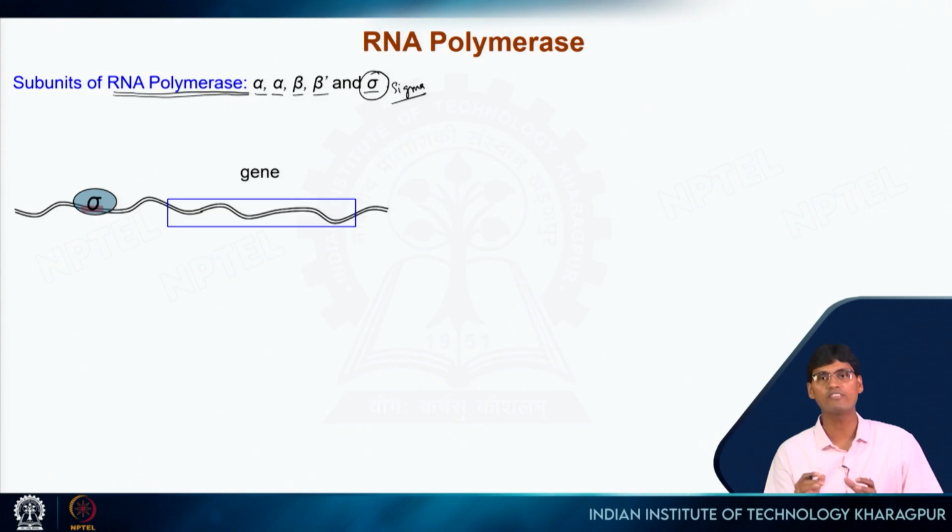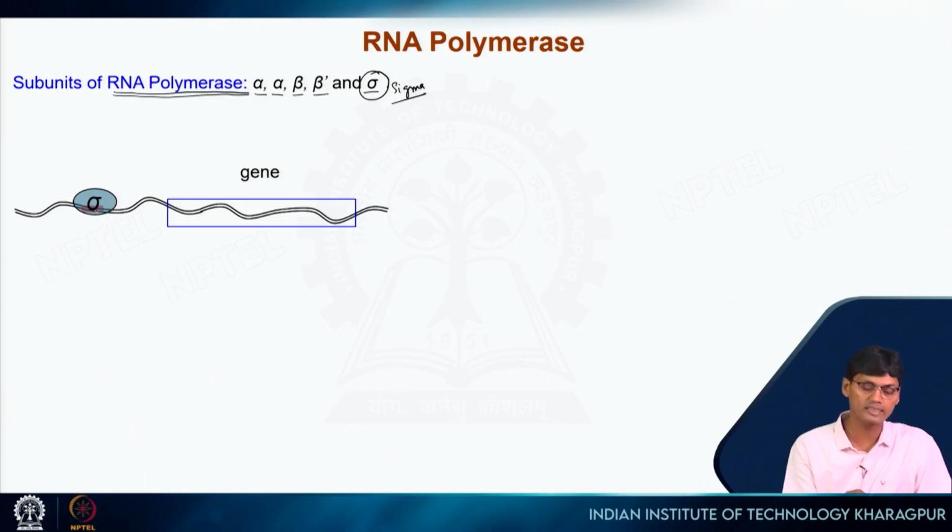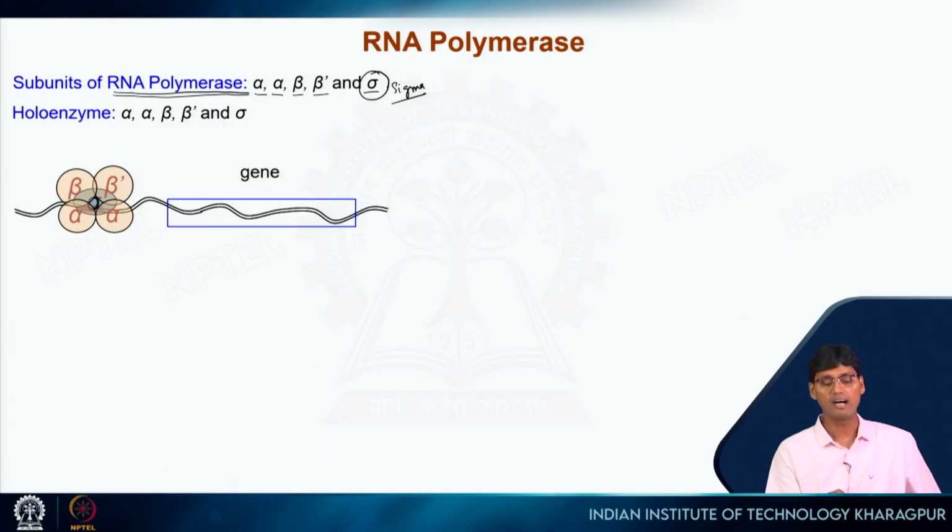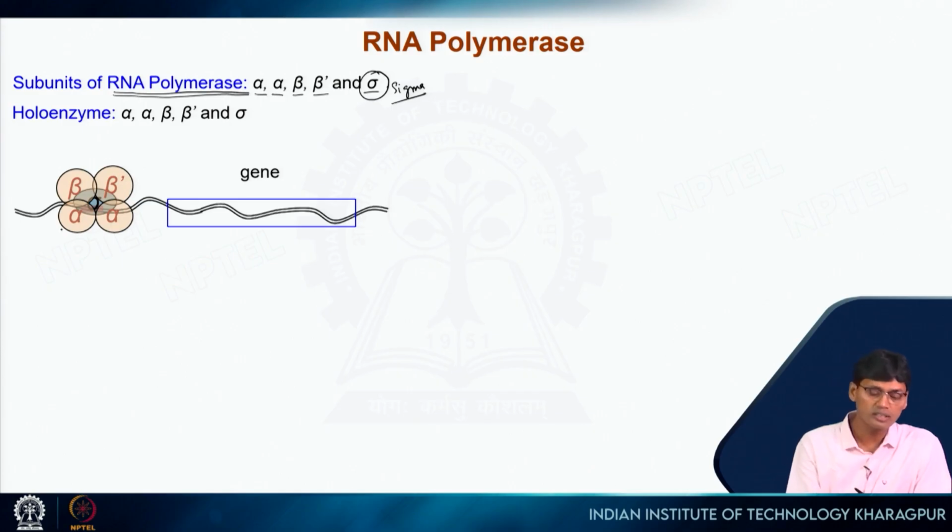It has some affinity; the polypeptide sigma can somehow interact with the promoter sequence, and therefore it is first recruited to the promoter site, followed by recruitment of the other subunits like alpha, beta and beta prime. And now this is the total RNA polymerase, right? This is RNA polymerase.